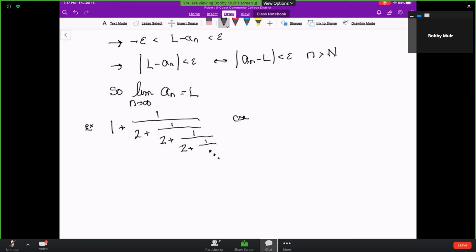This thing is called a continued fraction. And it turns out it ends up equaling the square root of 2.